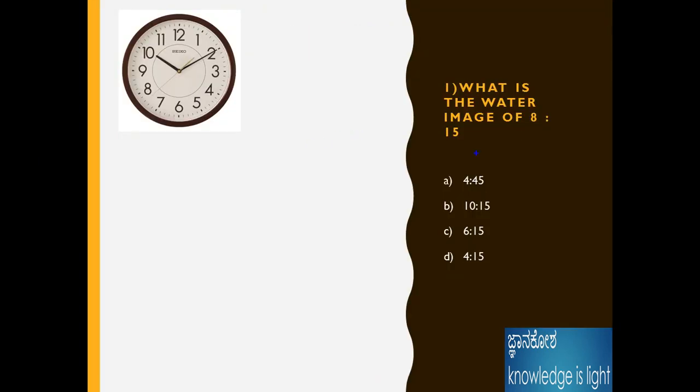Okay, 815. Now it is the 15. I will take it as 1830 and 815, and now it is looking as 10. Understand? The mirror, the water image, if it is 8 15, that should be looking as 10 15.